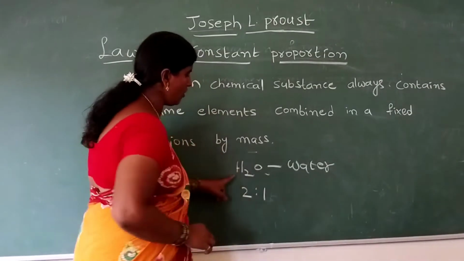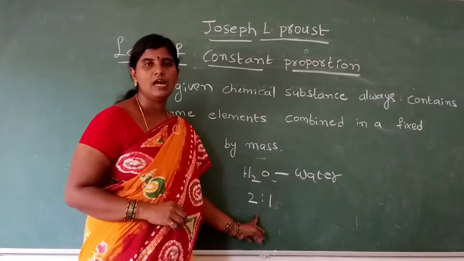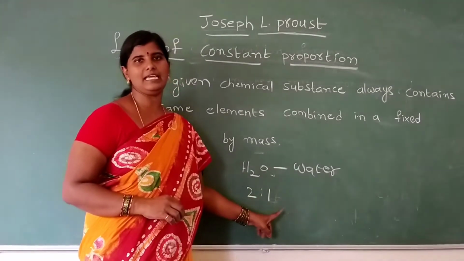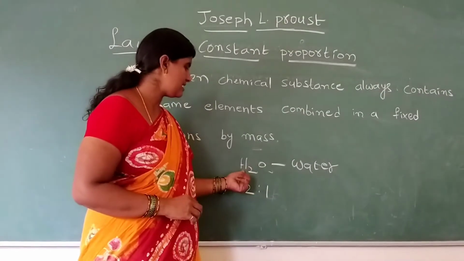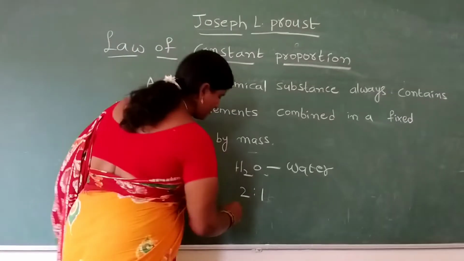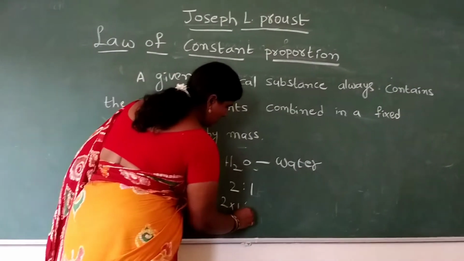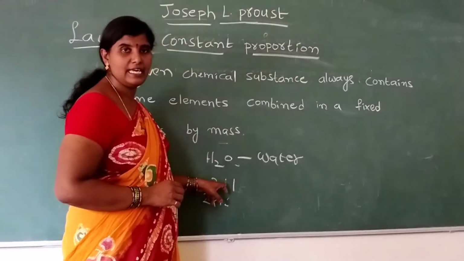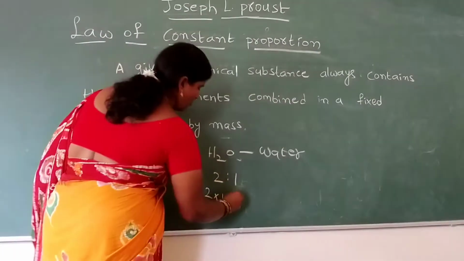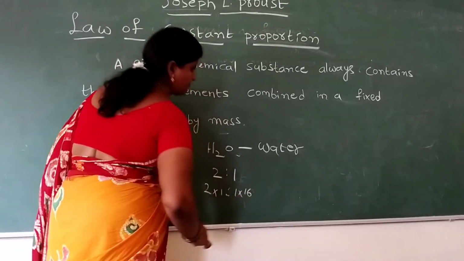So the ratio of hydrogen is 2 and the ratio of oxygen is 1. So what is the weight of the hydrogen? 2 into 1, 2. What is the weight of the oxygen? 16. So 1 into 16.